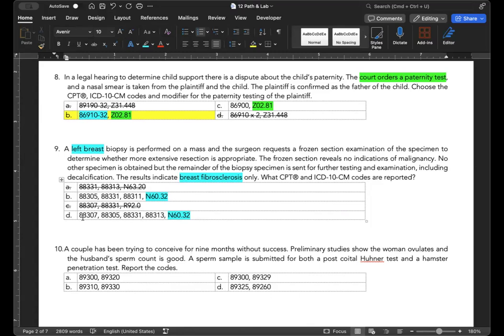We know we need 88305, but do we also need 88307? Did we do 2 separate surgical pathology tests on this one?